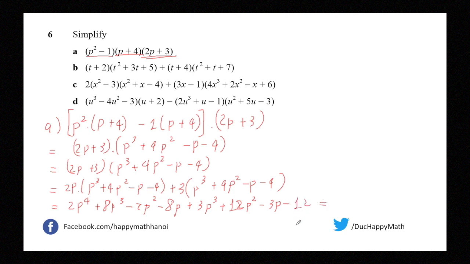Okay, so the highest degree is 4, only 1, 2p4. The p cubed: 1 and this one, 8 and 3, 11p cubed. p squared: minus 2, 12p squared, no more, so plus 10p squared.